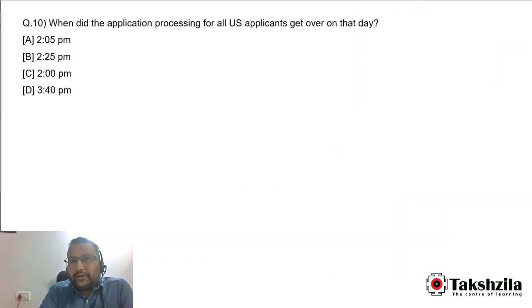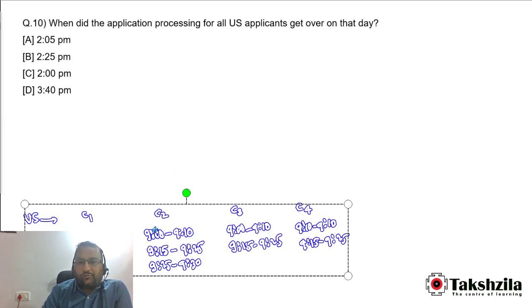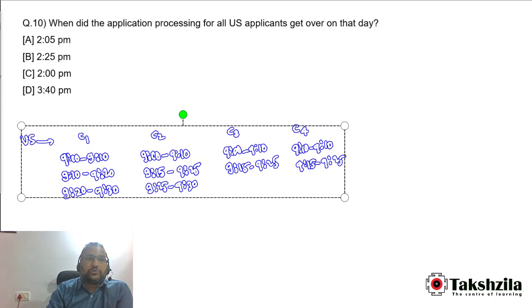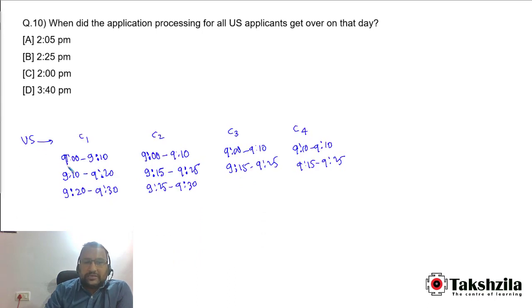After this, question number 10. When will the application processing for all the US applicants get over on that day? To solve this question, we need to take help of the calculation we did earlier. The first candidate of US came at 9 o'clock. Second also, third also, and 4th, 5th also.